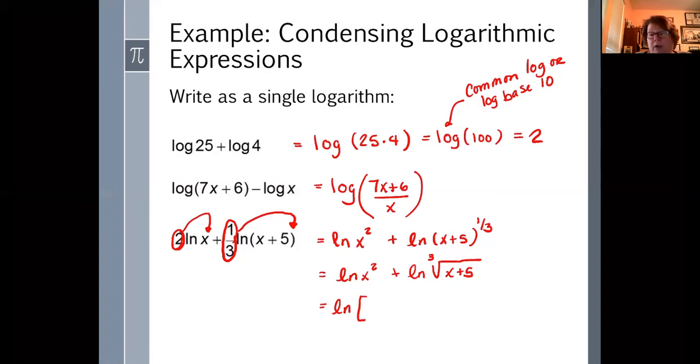That expression will be x squared times the cube root of x plus 5. Using those brackets again just to make sure that I know that I'm taking the log of the entire expression. So it's the logarithm of x squared times the cube root of x plus 5.